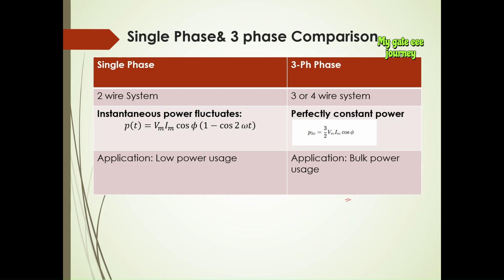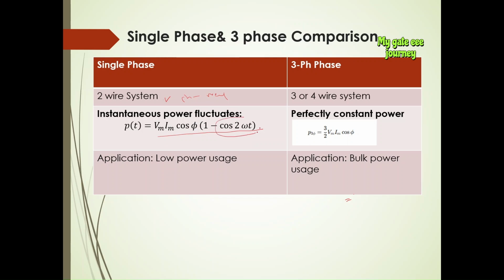Now let us see a comparison of 3 phase and single phase powers. In single phase power you will have a two wire system, that is phase and neutral. In a 3 phase power system you may have 3 phase 3 wire or 3 phase 4 wire. 4 wire means R, Y, B and neutral. 3 phase 3 wire means you will only have R phase, Y phase, B phase. And you know instantaneous power is like this.